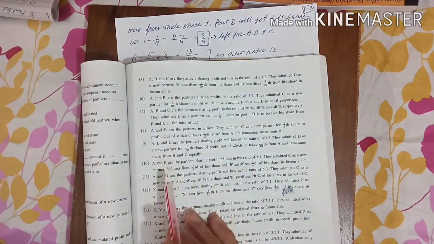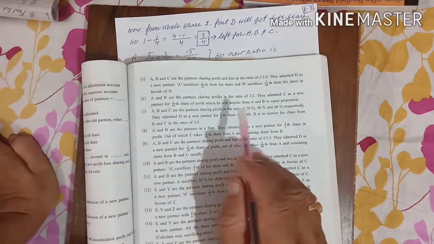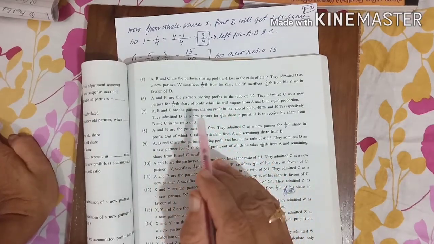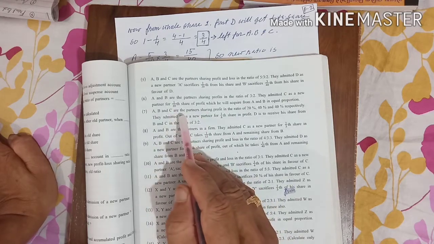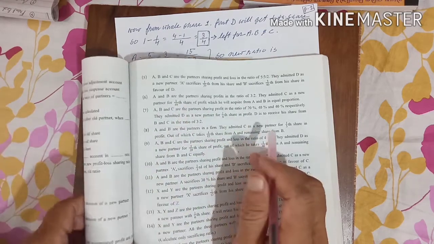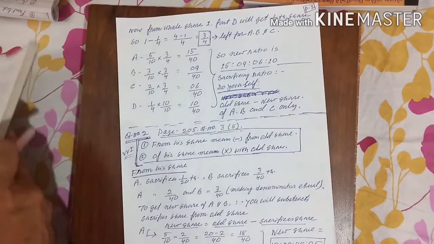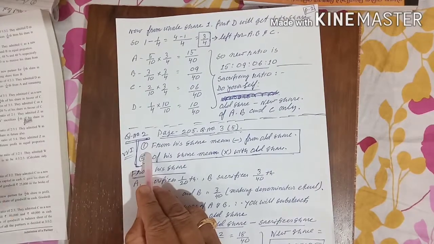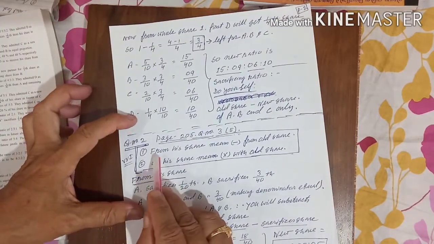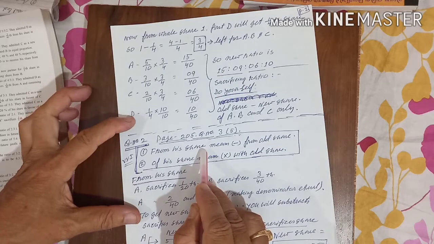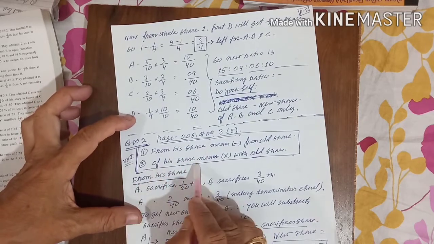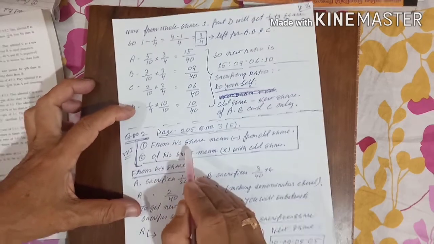You will get different types of questions. By reading the question, you have to understand in which way you have to solve it. Here the confusion comes from this: sometimes it is given "from his share" and sometimes it is given "of his share". You will get two types of questions.